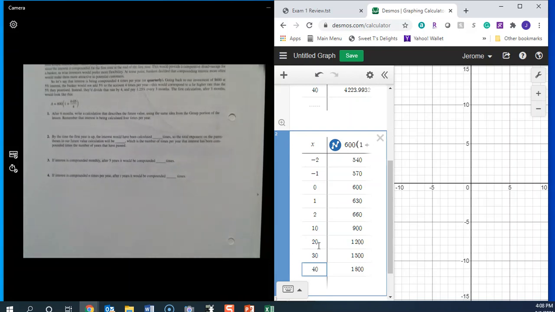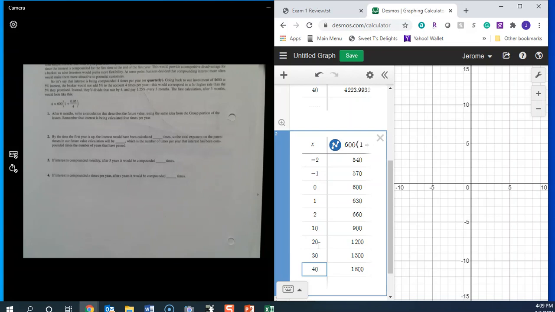It says here, let's say that interest is being compounded 4 times per year or quarterly. Going back to our investment of $600 at 5% interest, the banker would not add 5% to the account 4 times per year. This would correspond to a far higher rate than the 5% they promised.